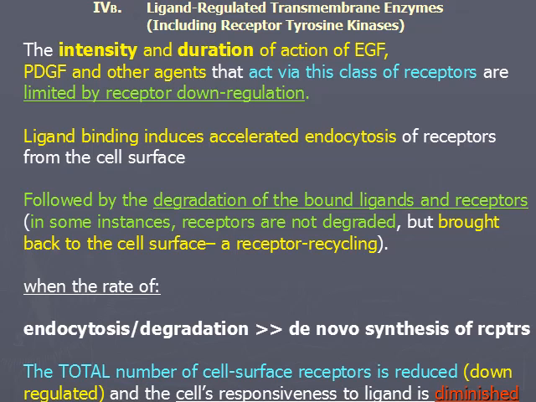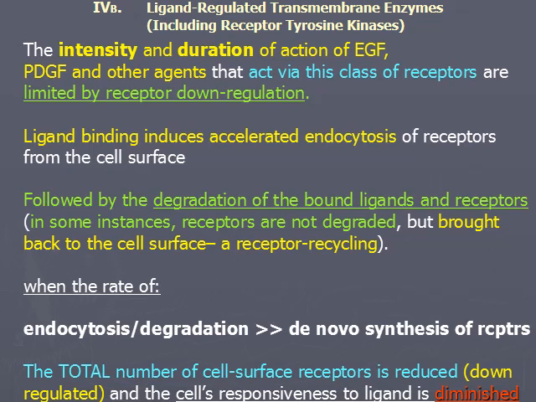The concept I'm trying to get across here is receptor downregulation, which means fewer receptors present in the tissue than there were before. Because of what? Because of this phenomenon called receptor downregulation. And what is that? That is when the rate of endocytosis and degradation of a drug-bound receptor exceeds the rate of new receptor synthesis.